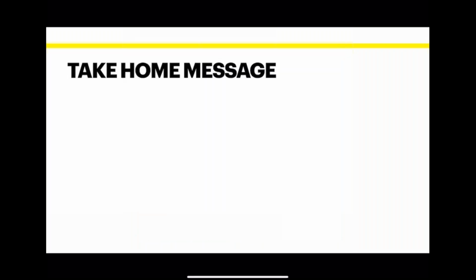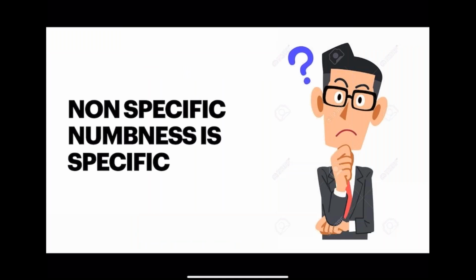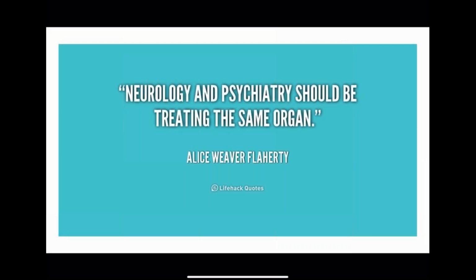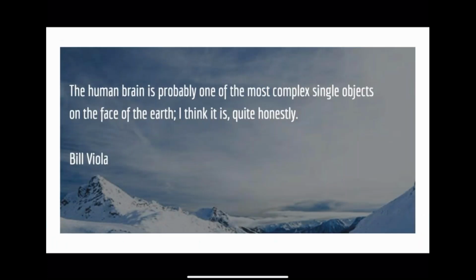So take home message: non-specific numbness is specific. And what we call lots of times just psychiatry, and this is functional, might not be functional. And the human brain is one of the most complex single objects on the face of the earth.